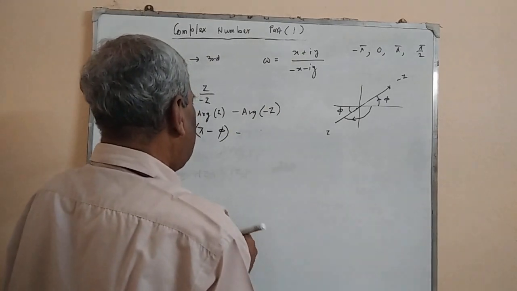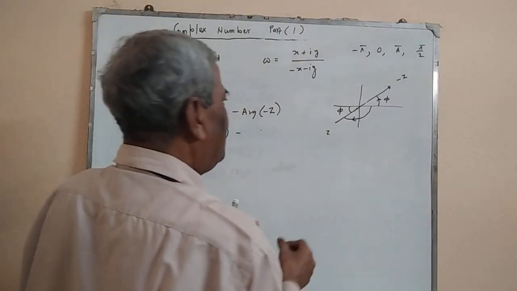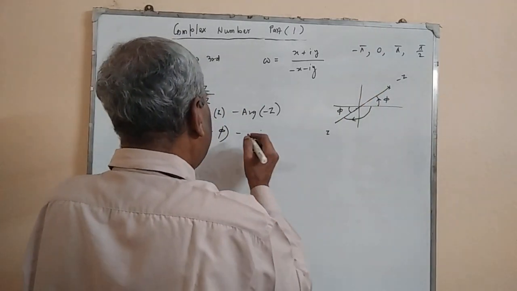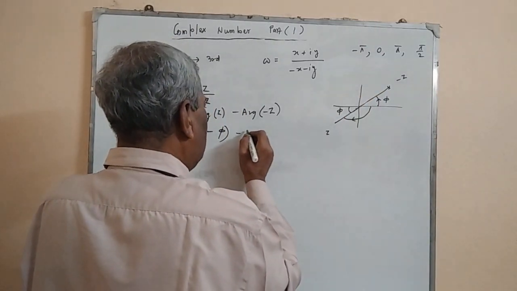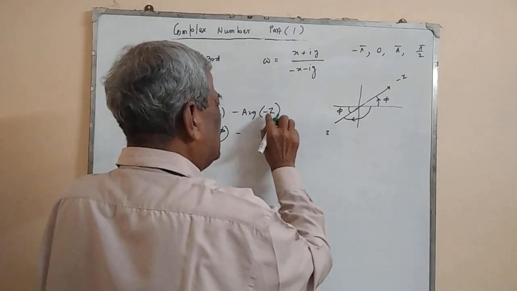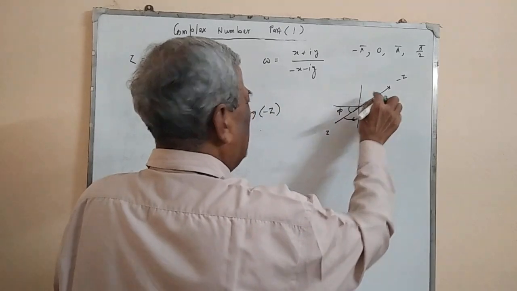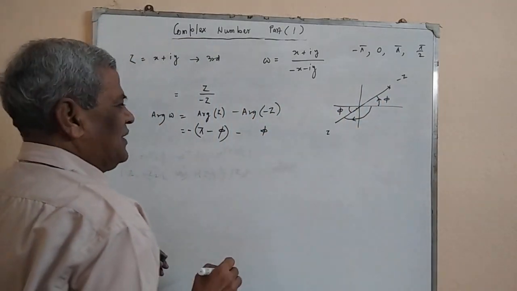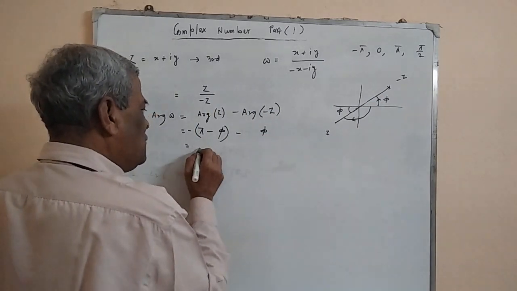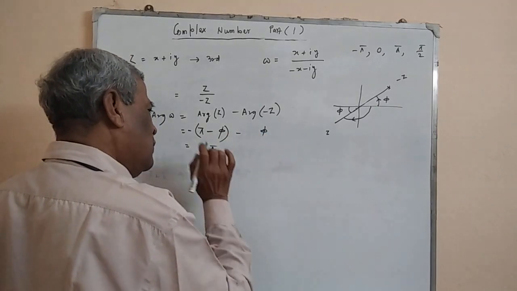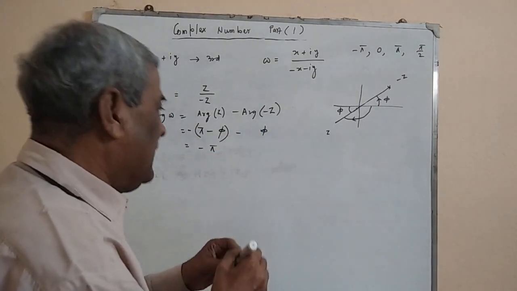So it is minus and then minus phi. So it is actually minus pi plus phi and minus phi cancel. So the answer is minus pi.